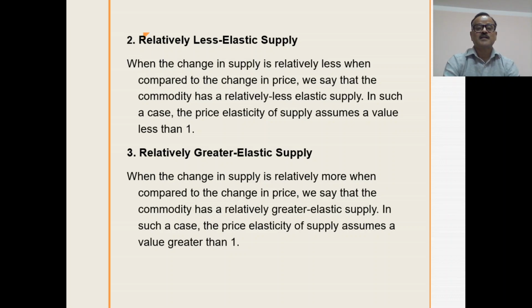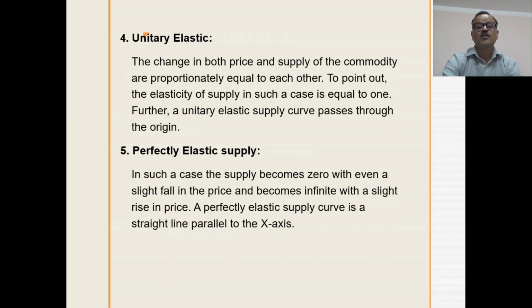In such a case, the price elasticity of supply assumes a value greater than 1. Unitary elastic: the same percentage change in price leads to the same percentage change in quantity supplied. And perfectly elastic: in such a case, the supply becomes zero with even a slight fall in the price and becomes infinite with a slight rise in price.